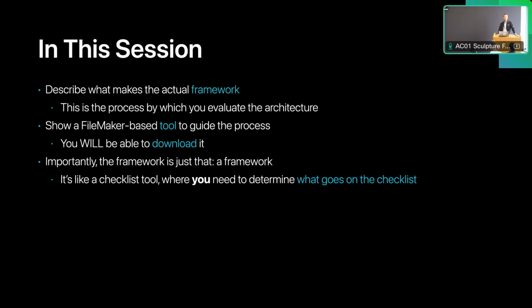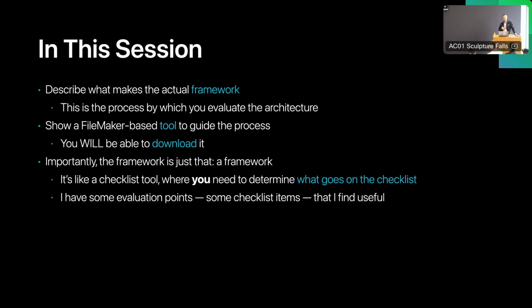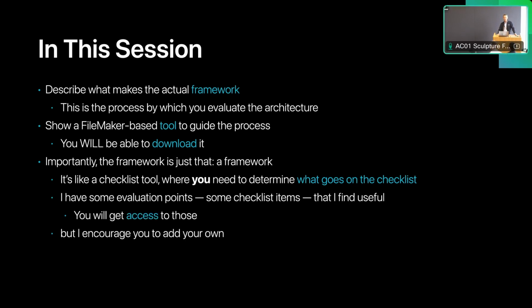It's a framework, meaning that it's like a checklist tool where you get to decide what goes on the checklist. So I've created a list of checklist items that I find helpful, and I'm going to make those available to you. But I encourage you to think through it on your own and to tailor that list so that it makes sense for the system you're working on.